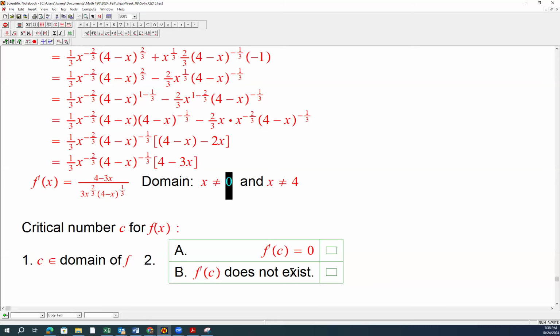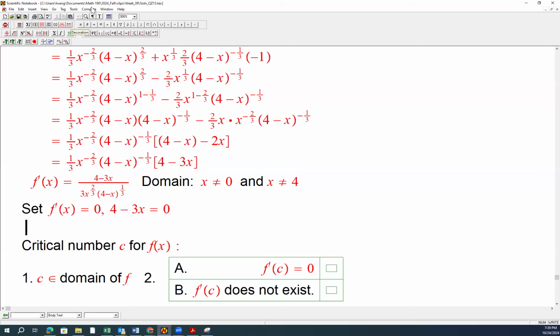But we have another critical number, which we find by setting the derivative equal to 0. When the derivative is set equal to 0, the numerator must be 0 because the denominator cannot be 0. So 4 minus 3x would be 0.